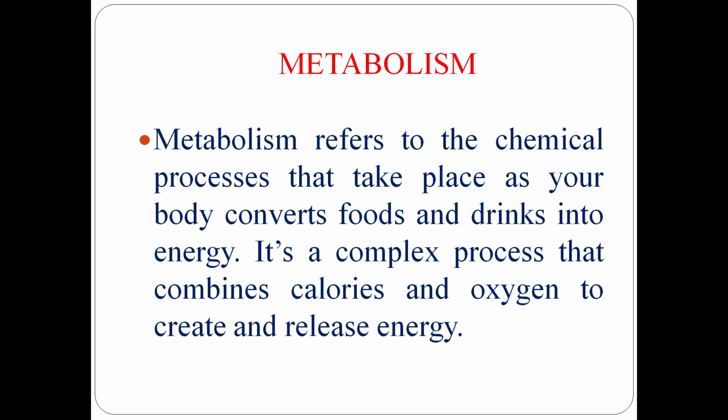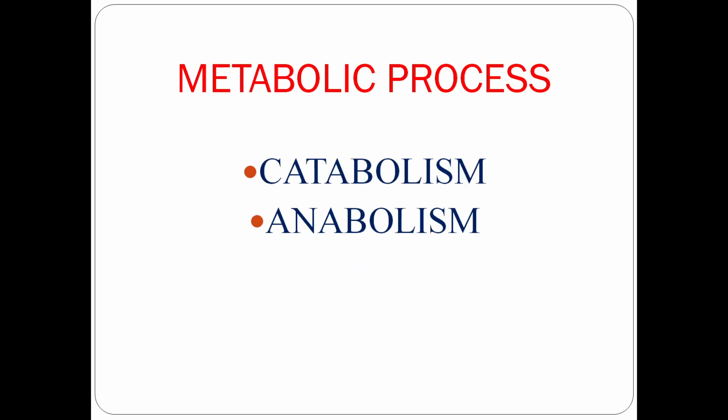So, we discussed metabolism. First, metabolism refers to the chemical processes that take place as your body converts foods and drinks into energy. It is a complex process that combines calories and oxygen to create and release energy. This metabolic process has two categories, catabolism and anabolism.